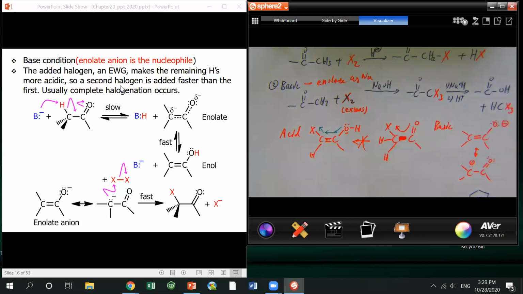Now I put here, for example, after the first halogenation, you put the halogen on. This halogen still withdraws electrons to stabilize the enolate.